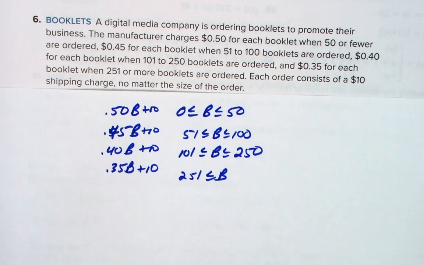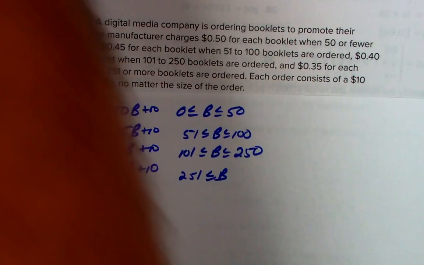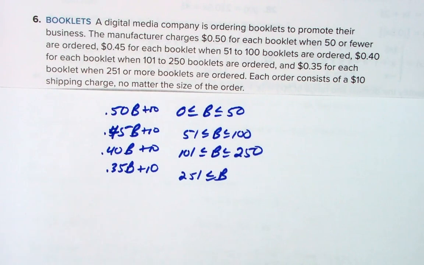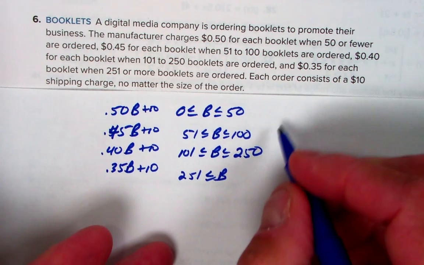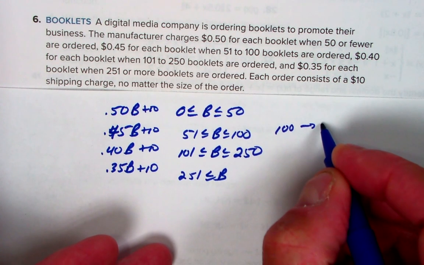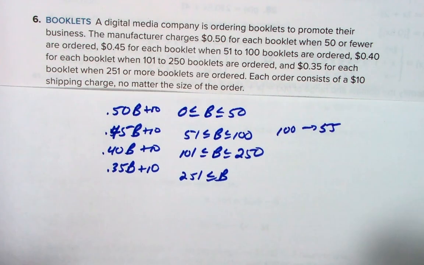Because if we calculate it, if I do 45 cents times 100, my cost would be $55. But if I do 101, 40 times 101 plus 10.